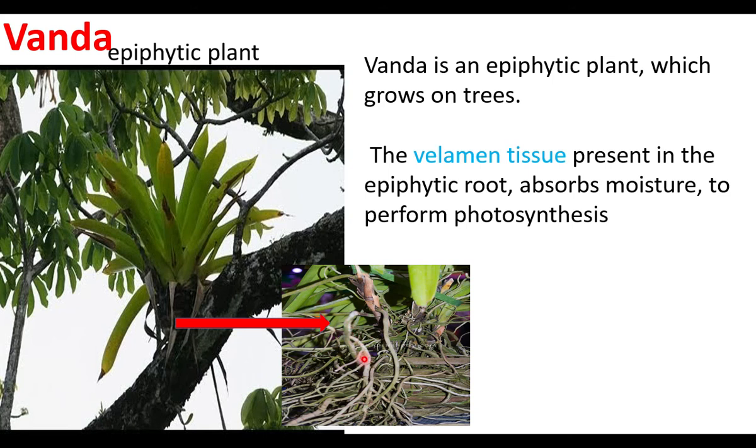The spongy tissue absorbs water present in the air. With the help of the water, the Vanda does photosynthesis. Why is Vanda called an epiphytic plant? Because it grows on another tree. What is velamen tissue? A spongy tissue present in the roots of the Vanda plant. What is the use of this tissue? It absorbs moisture to perform photosynthesis.